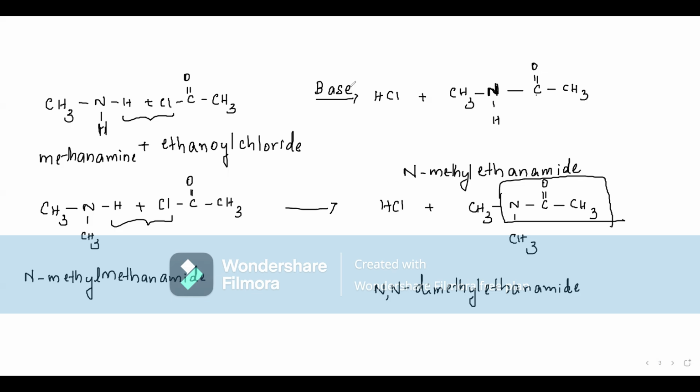The function of pyridine or the base is that it combines with HCl. Pyridine is a base, HCl is an acid. So in presence of pyridine, the HCl obtained will quickly undergo neutralization, so HCl will not remain as HCl. Short form for pyridine is PY.